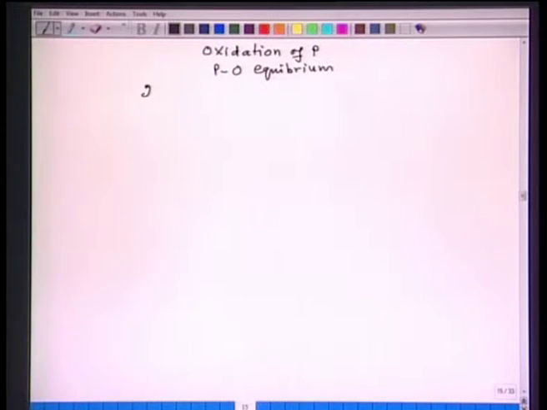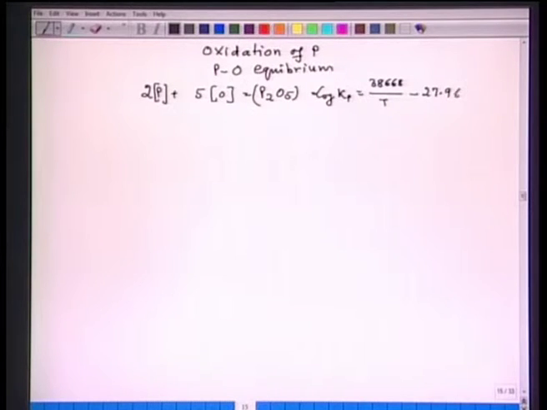That is 2P in metal plus 5O is equal to P2O5 in slag. Log of Kp is equal to a term in 1/T minus 27.96. This is called equation number 24.